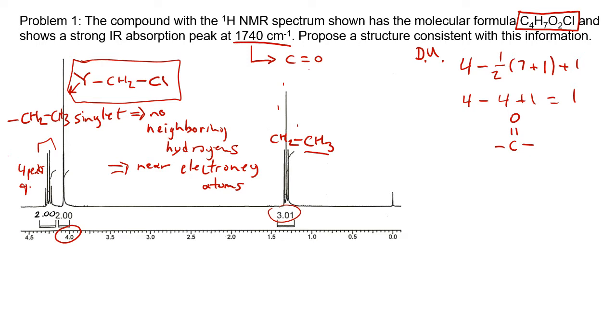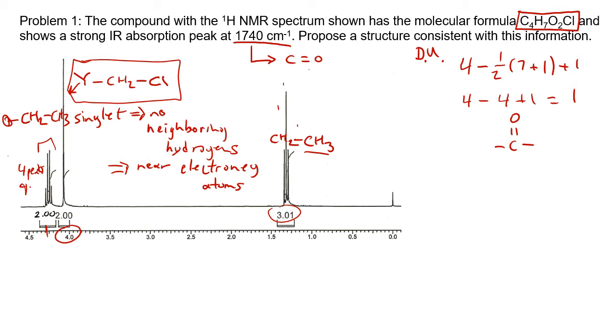And anytime you see this quartet triplet pattern, it indicates that there's an ethyl group around. Now if we go back over here to the CH2 that's bound to the CH3, notice its chemical shift. It's all the way up here, about 4.3 or something. So it must be bound to an electronegative atom. And if we look at the formula, we have a quite electronegative atom in oxygen, so it's likely that this CH2 is bound to an oxygen.